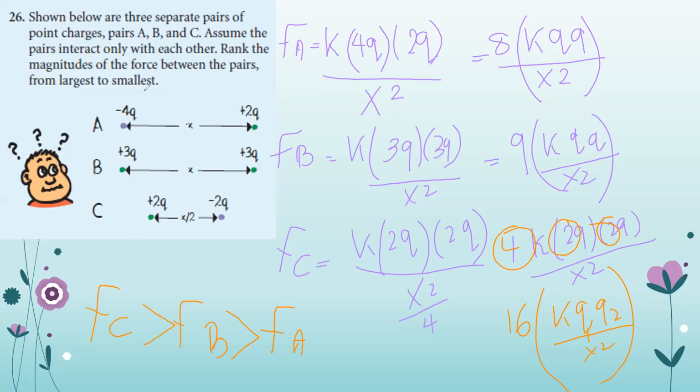So what does it mean? That means if you put two charged particles at a distance D between them, the force will be greater if you make the distance between them half of the first distance.